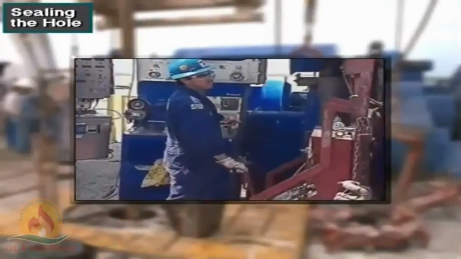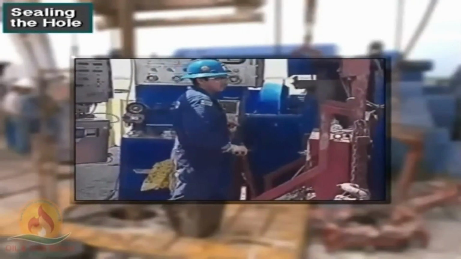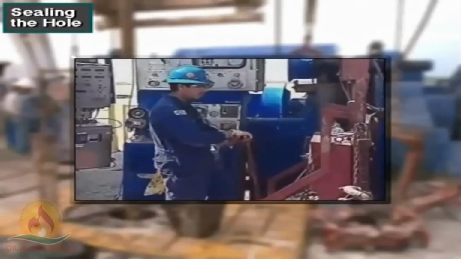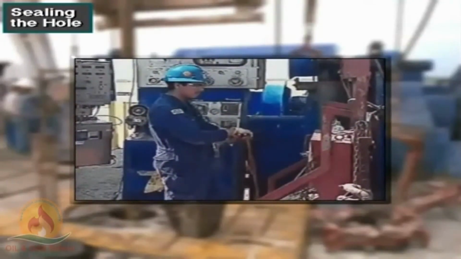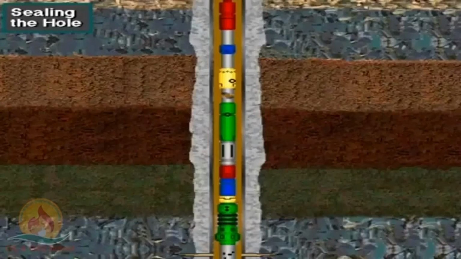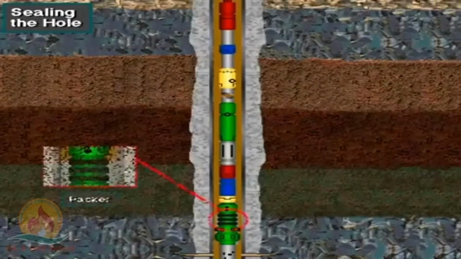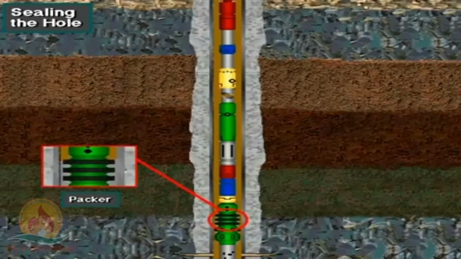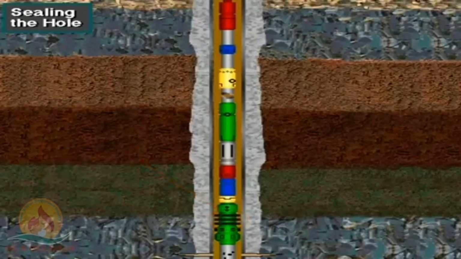With the DST tool on the bottom, the driller slacks off the drawworks brake to put weight on the tool. Weight causes the packer to expand. The packer seals off the hole beneath it. With the hole sealed by the expanded packer, the DST operator rotates the drill string.